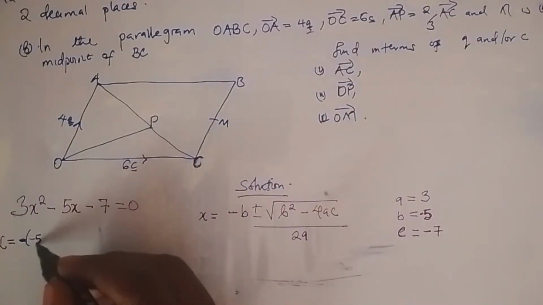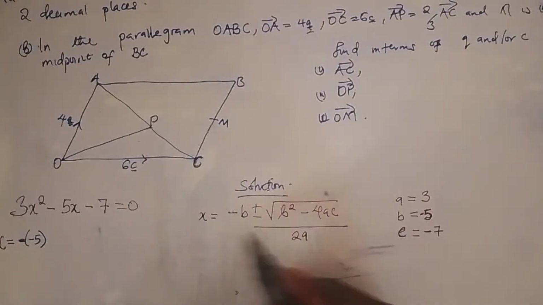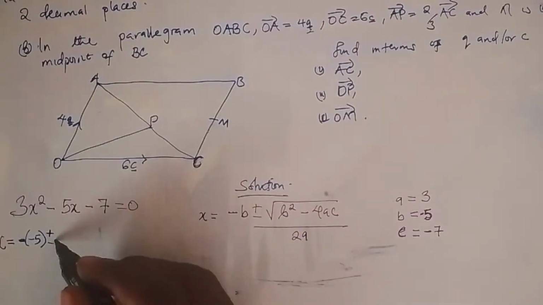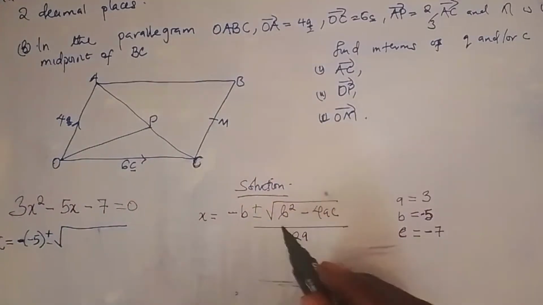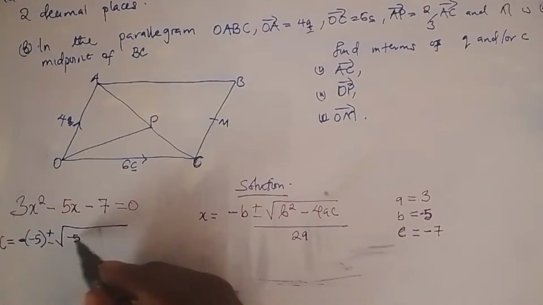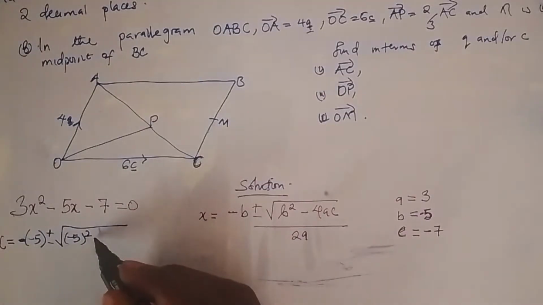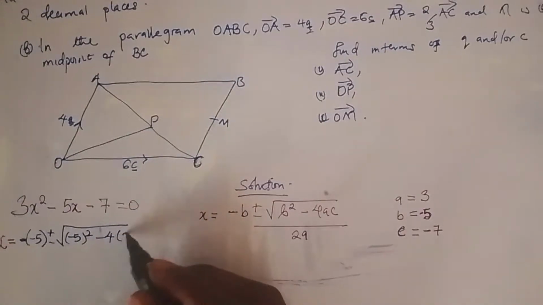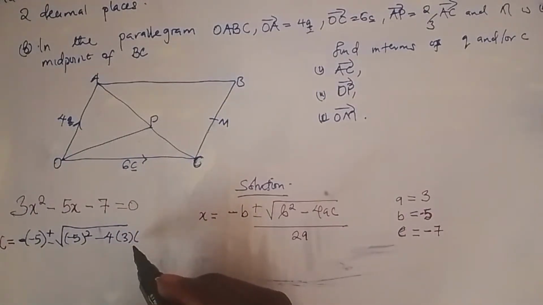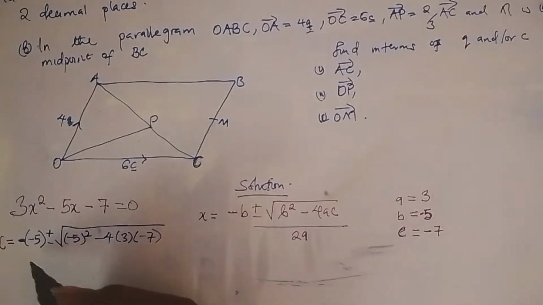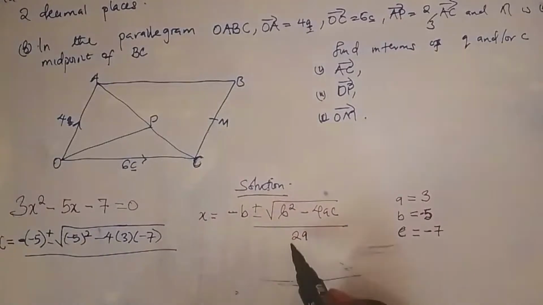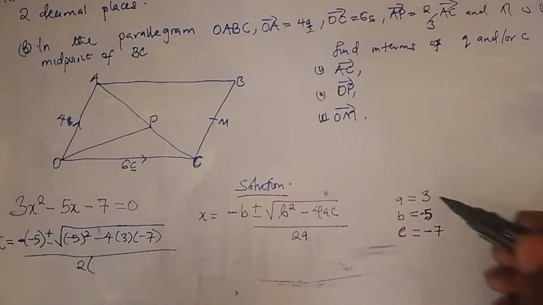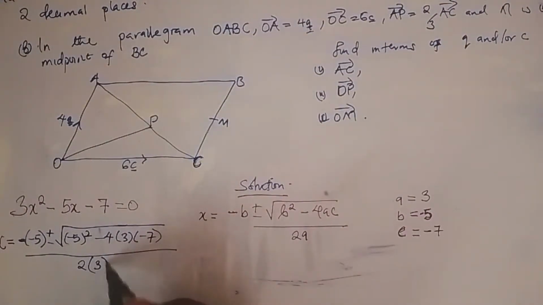So you say negative negative 5, plus or minus the square root. What is b again? Negative 5 squared, minus 4, what is our a? Our a is 3. What is our c? Our c is negative 7. Then you say divided by 2, and what is our a? Our a is 3.